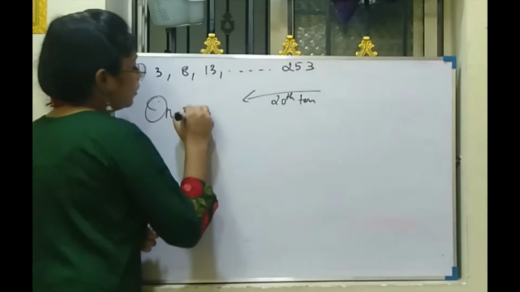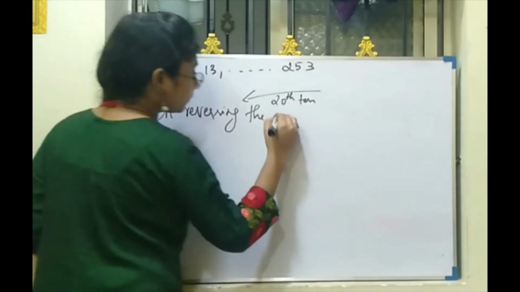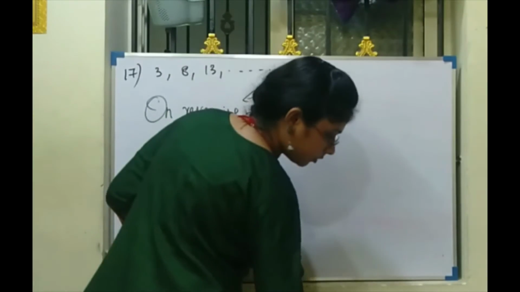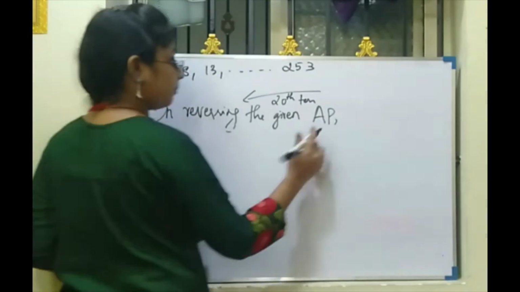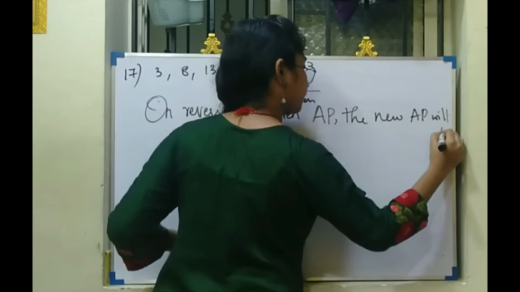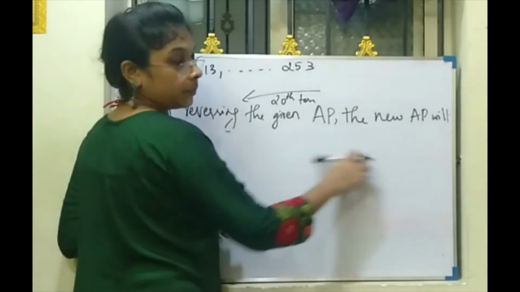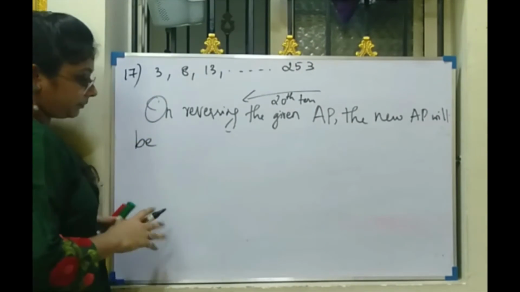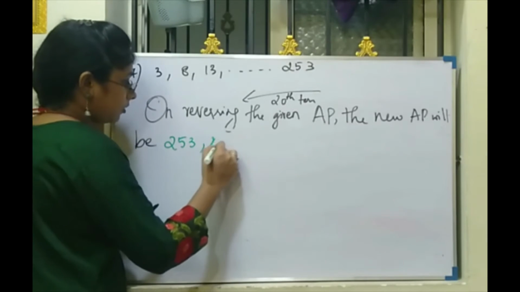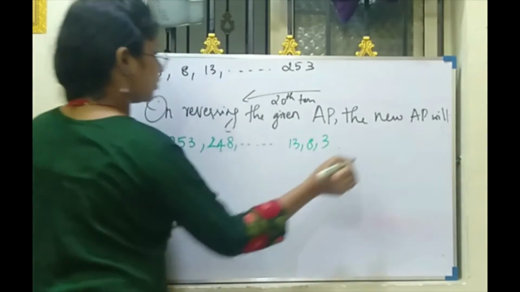On reversing the given AP, the new AP will be 253, 248 and it goes on 13, 8 and 3.